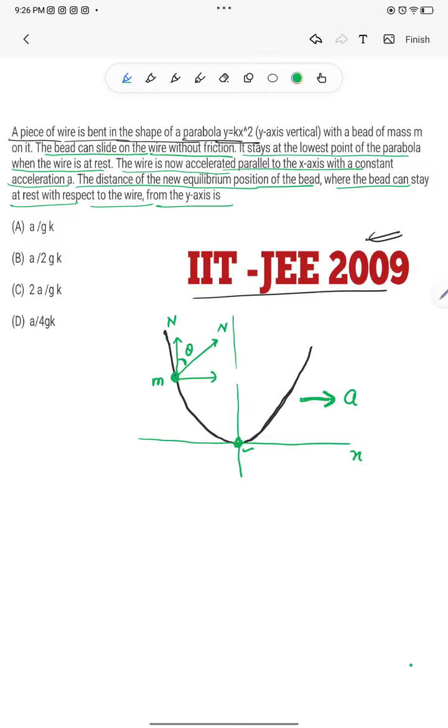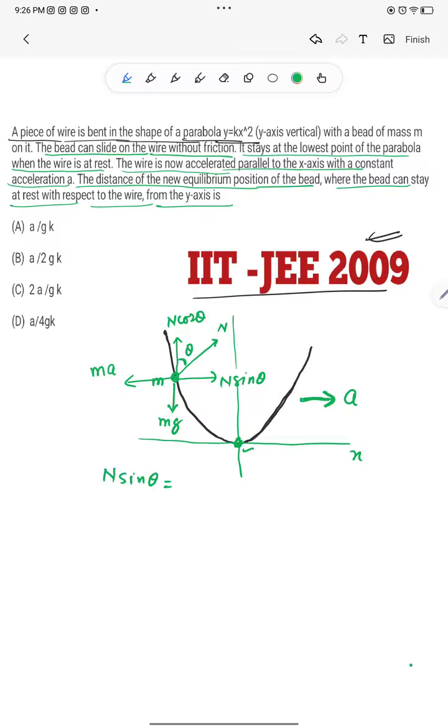The components will be N cos theta upward and N sin theta along the positive x-axis. Also, the wire is accelerated, so the bead experiences a pseudo force just opposite to the acceleration. That means along the negative x-axis there is a pseudo force ma, and there is also the downward force mg.